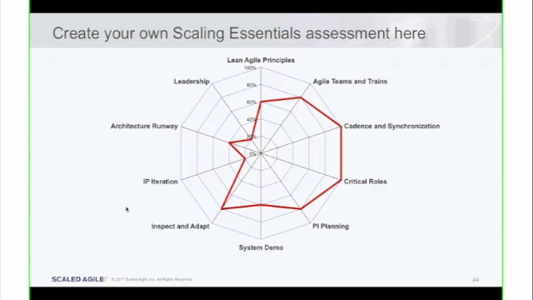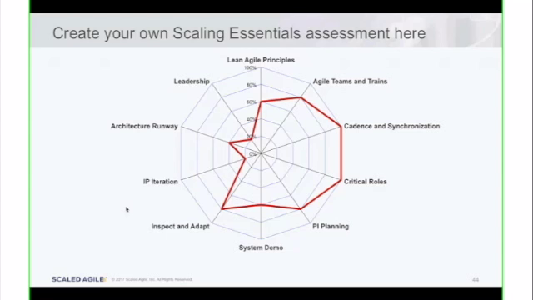It's non-existent. And our architecture runway is also poor, and our leadership, maybe you started out with the COE, leadership, but that got disbanded due to other projects coming up and whatnot. And so immediately we see where we need to focus. We don't need to focus on the roles. We got that taken care of.